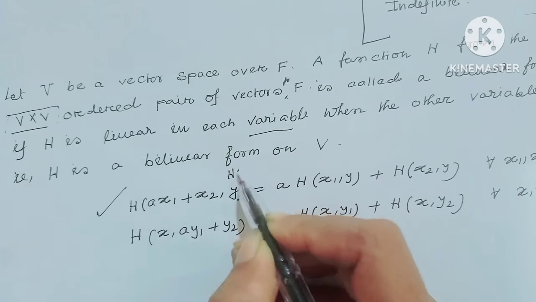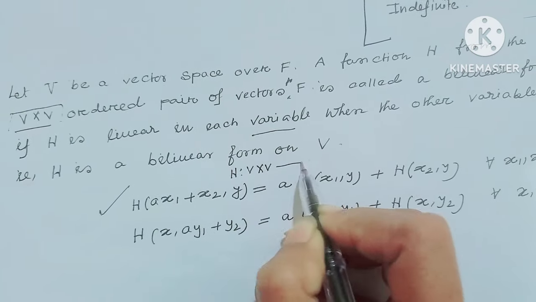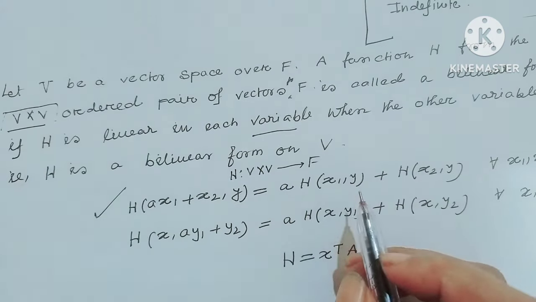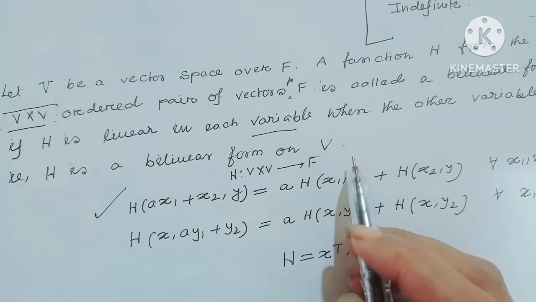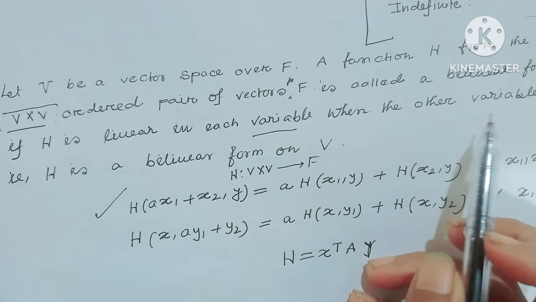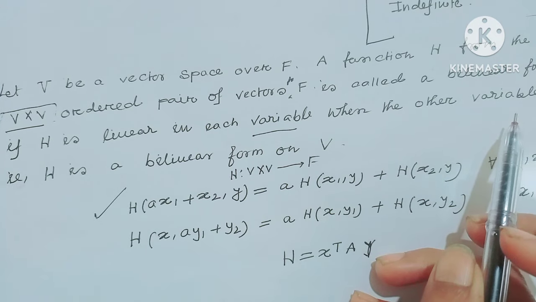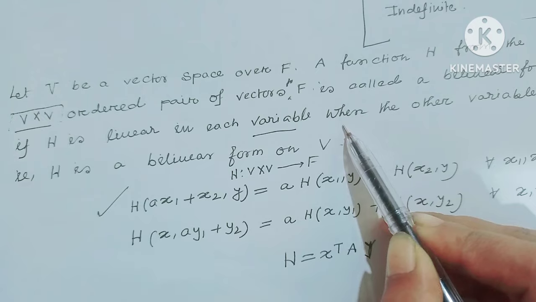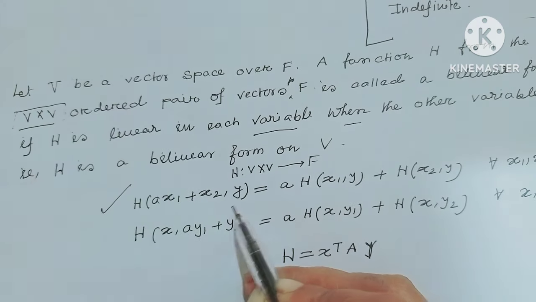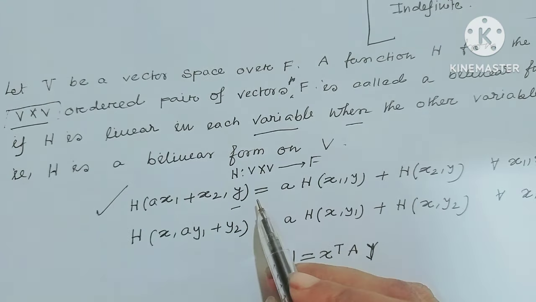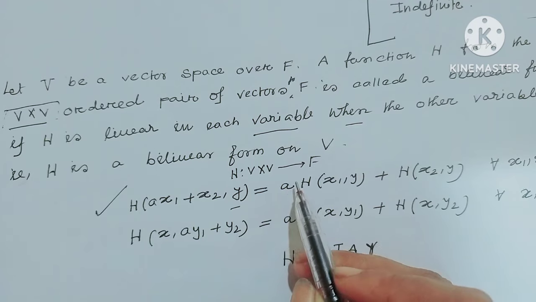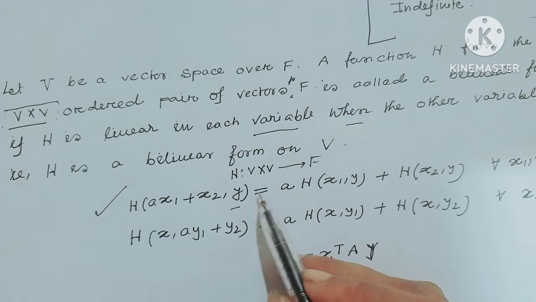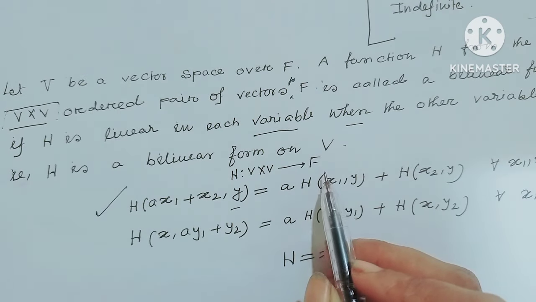When the other variable is fixed, then A is linear in one variable. Then A is called a bilinear form on the vector space V.